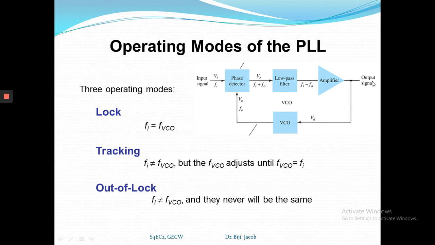Finally, the output of the PLL is the output from the amplifier, which is a DC voltage for a slowly varying input frequency, or a small frequency AC signal proportional to the change in the input frequency.